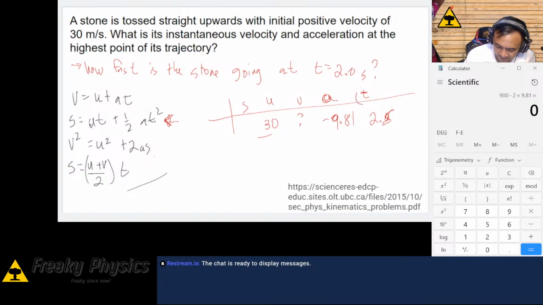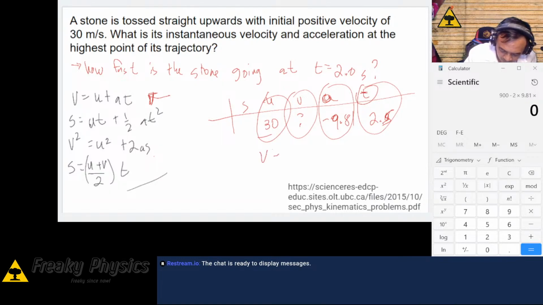You have time, acceleration, u, and v. So actually you need this one, v equals u plus at. We're going to get v equals 30 plus negative 9.81 times 2.